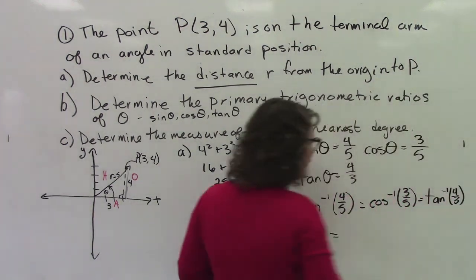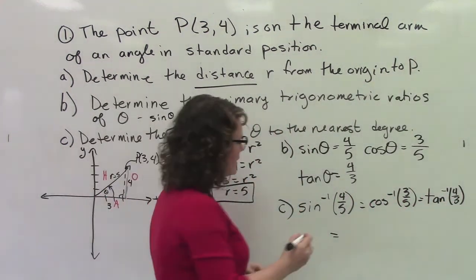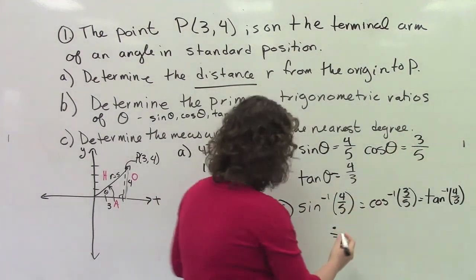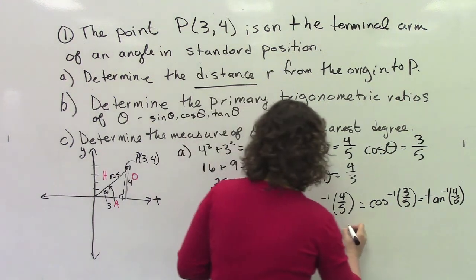And what does that equal, folks? When you punch any one of those into the calculator, it equals approximately, because it's going to be crazy decimals, 53 degrees.